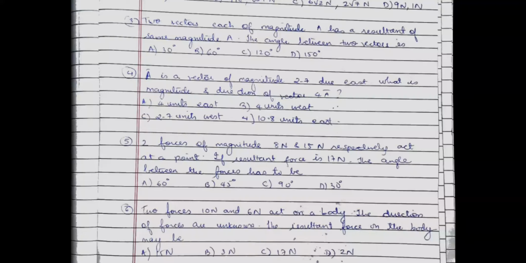If the resultant force is 17, what is the angle between the forces? Same thing, you don't know what the angle is, you don't know if they are perpendicular or what, so you have to use the general resultant formula. Now this is in terms of force, so we'll use the F1, F2 formula. You can use A and B also, no problem. But if your teachers are using F1 and F2 specifically for forces, then we'll use that one.